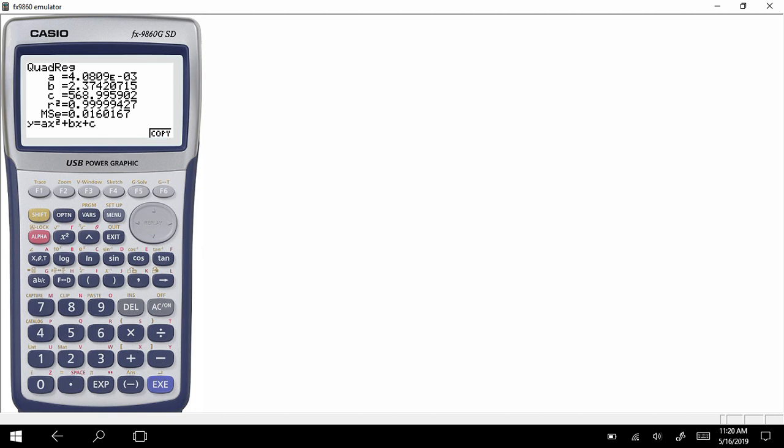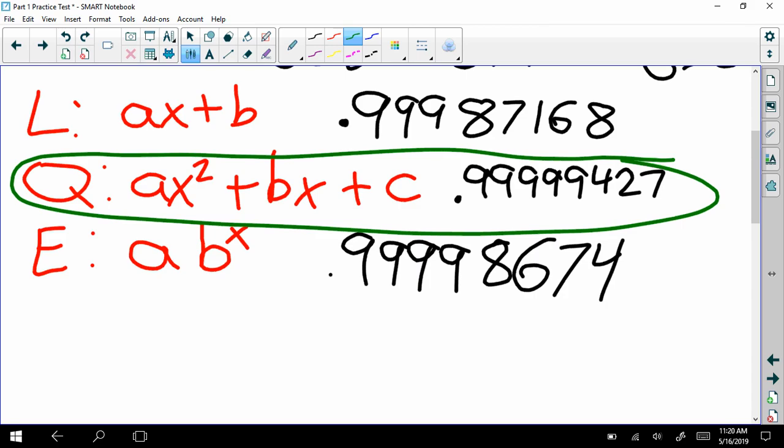Now, it is giving our answer with a E-3, which means times 10 to the negative third. That's scientific notation. So when you write it down, you probably don't want to write it that way. Instead, move the decimal 3 spots to the left, which would be 0.004. So it's Y equals 0.004. The directions do say to round to the thousandth, which is 3 decimal places, so that's it.